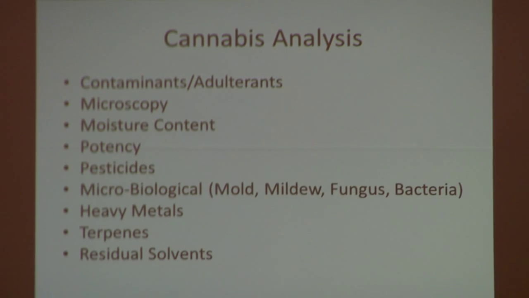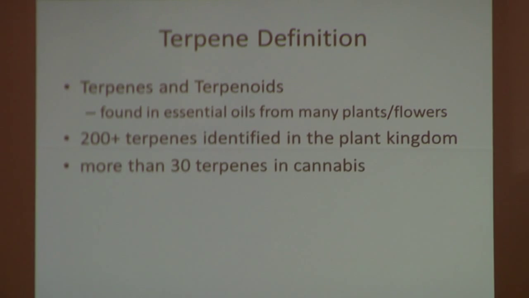Potency is the biggest area for cannabis laboratory analysis. Pesticides and microbiological, in order to make certain that everything is safe for the user. These are never done on the clandestine samples. Likewise with the heavy metals. Tonight we're going to concentrate more on terpenes, but residual solvents are yet another analysis that's done in cannabis laboratories. So with that, we'll go on to terpenes.